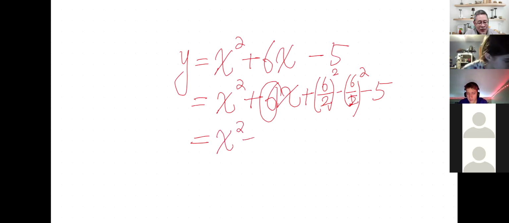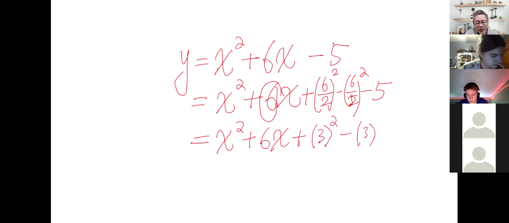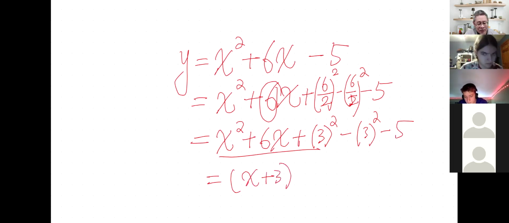So we have x squared and 6x. Now, 6 divided by 2 is 3, so keep that. And of course, this is minus 3 squared, minus 5. Now this part we can write as x plus 3 squared. That's the key here, whatever is inside the square. So this part is equal to this part.